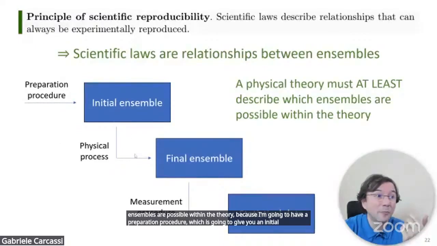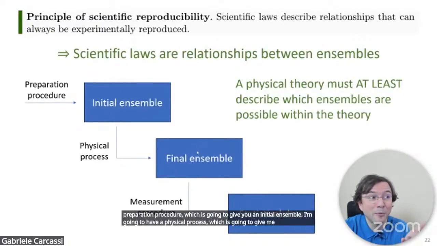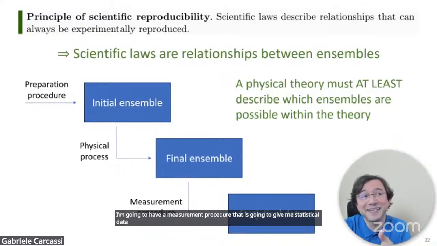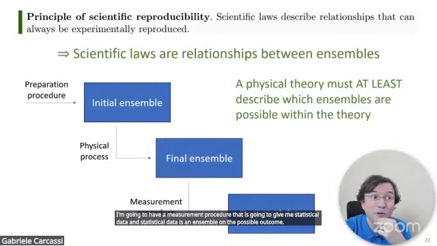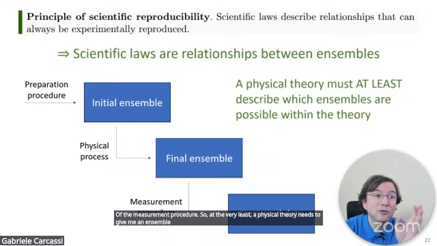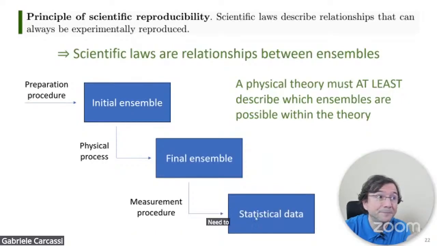I'm going to have a physical process, which is going to give me a final ensemble. I'm going to have a measurement procedure that is going to give me statistical data, and statistical data is an ensemble of the possible outputs of the measurement procedure. So at the very least, a physical theory needs to give me an ensemble, and therefore we need to find the basic axioms, something that all spaces of ensembles need to guarantee.